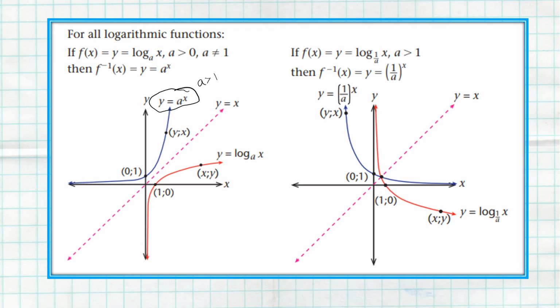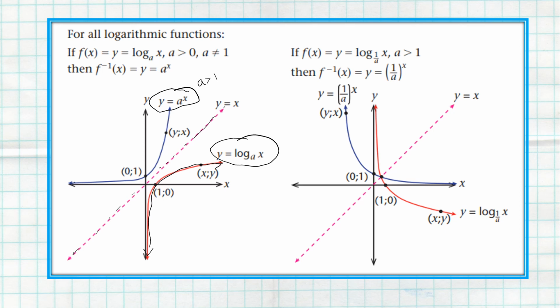If you raise up your right hand, the shape your right hand forms is the shape of an increasing exponential function. Once we reflect it about the line y equals x, we get y equals log base a of x, and that's its shape.